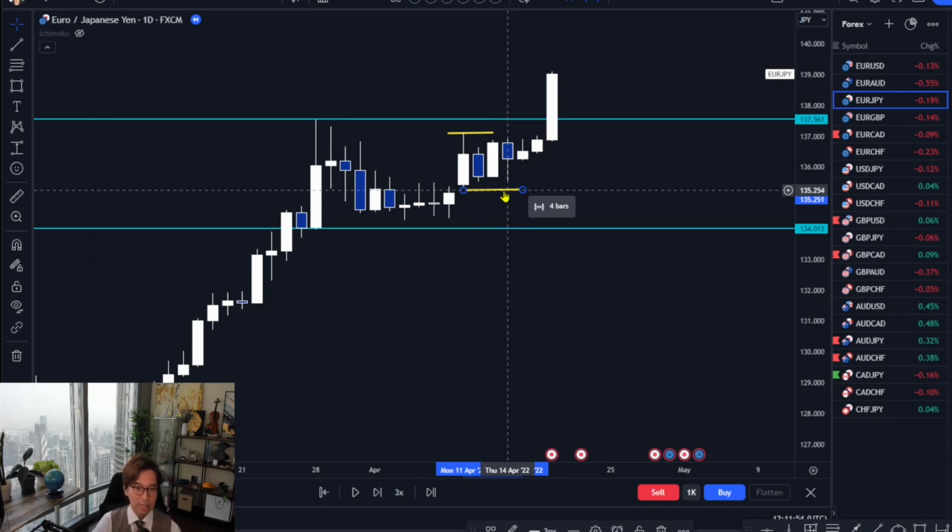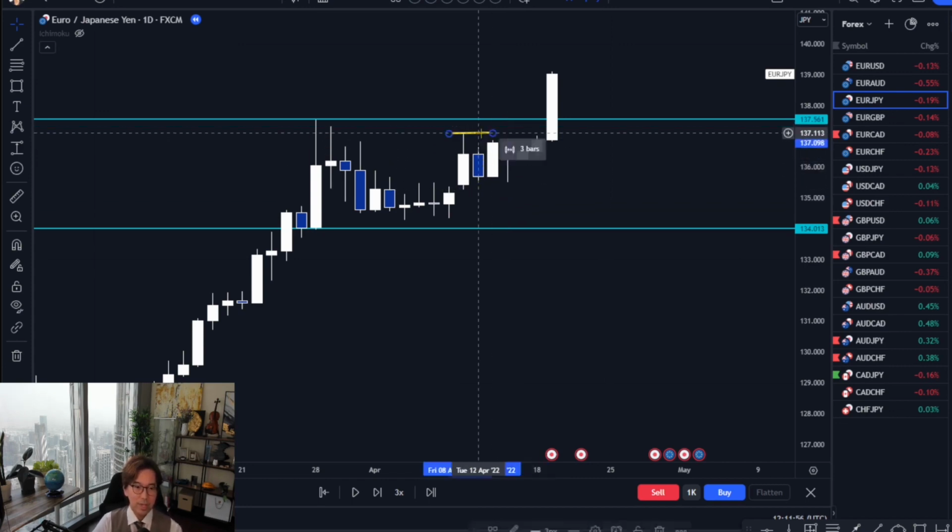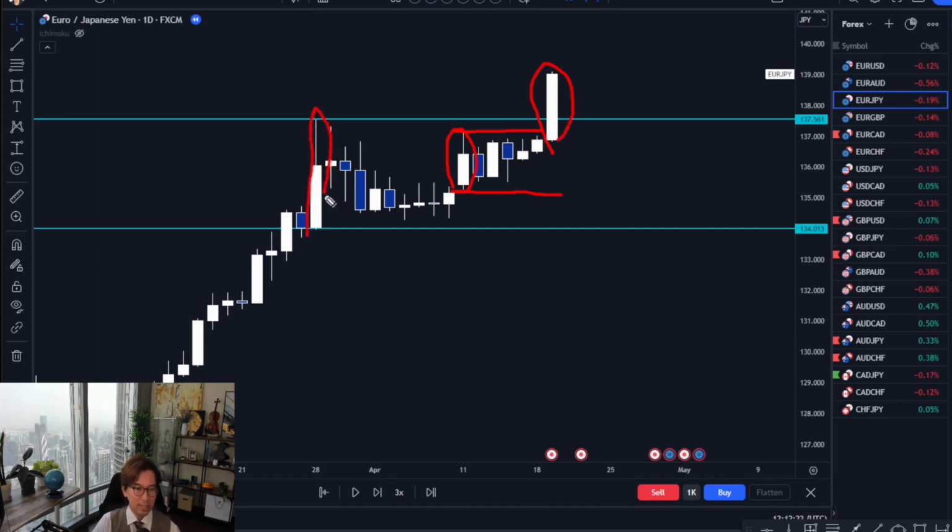So again, this one here is the sample. Actually, there are two samples if you can identify them. One of the samples is here: the market goes inside, and then breakout. So this is the smaller sample, and the bigger sample is this one.